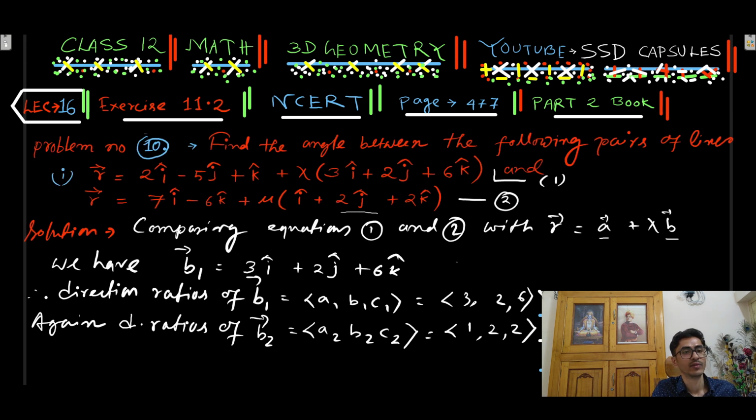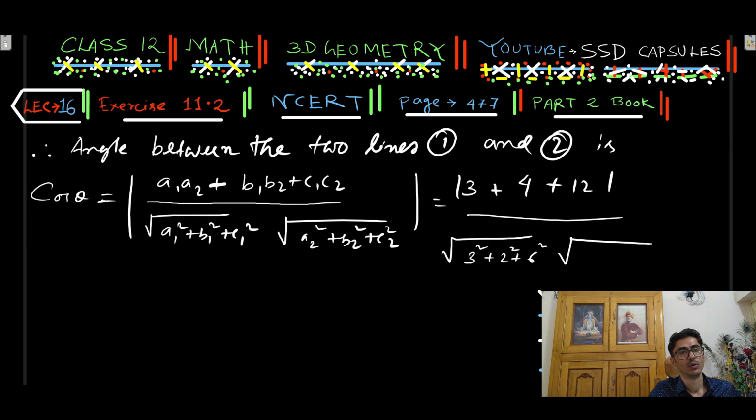A2, B2, C2 is 1, 2, 2, square, square, square. Take the whole magnitude to make it positive, because we are going to find the acute angle, not the obtuse angle. So 3 plus 4 plus 12 is 19.